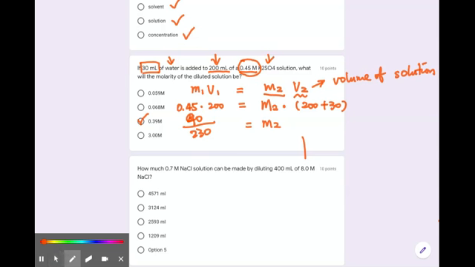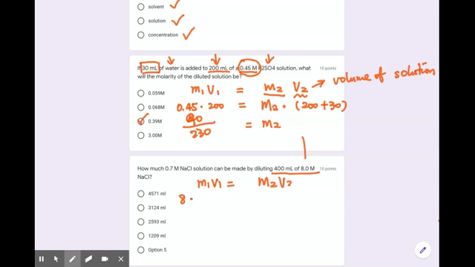Okay, next. How much 0.7 molarity sodium chloride solution can be made by diluting 400 ml of 8 molarity sodium chloride? So, same formula, M1V1 equal M2V2. Our original volume is 400 ml of 8 molarity.